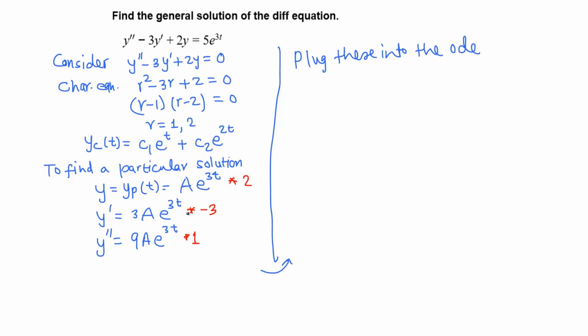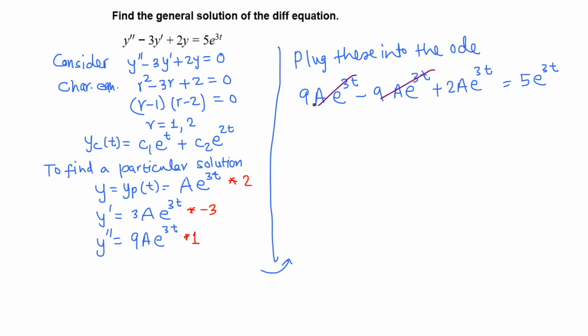That gives 9a e raised to 3t minus 3 times 3a e raised to 3t, that is negative 9a e raised to 3t, plus 2a e raised to 3t, which equals the right hand side, 5 e raised to 3t. We should be able to find the value of a, and in that case our guess will be good.